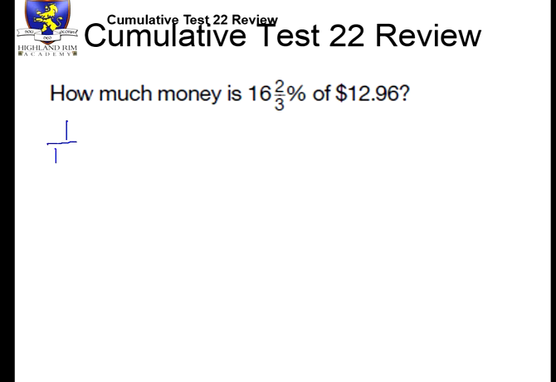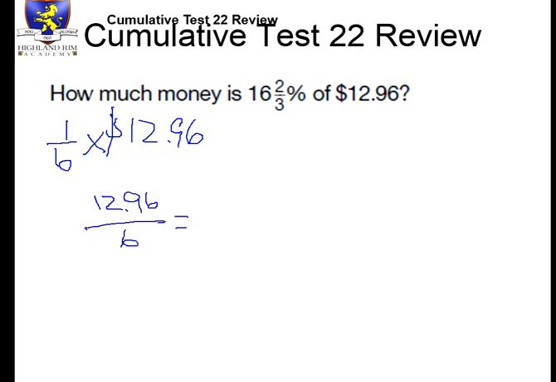So we've got 1/6 times 12.96, and what we end up with is 12.96 over 6, and that's equal to 2.16 when you break it out. So the total here is $2.16.